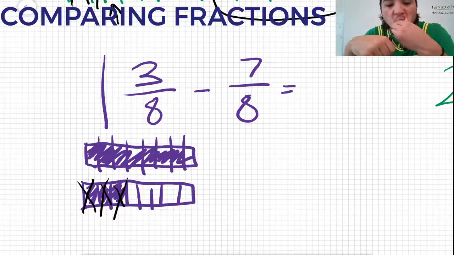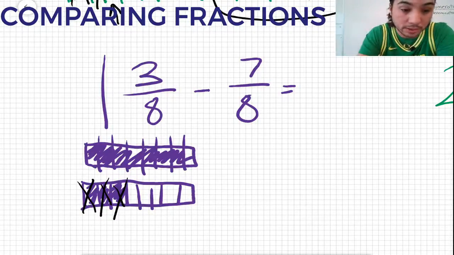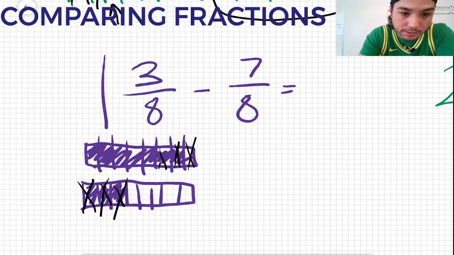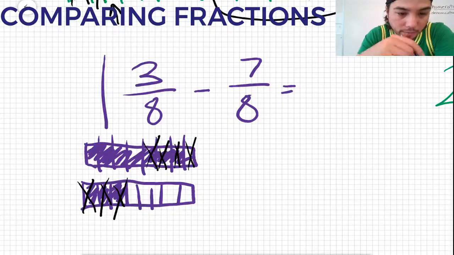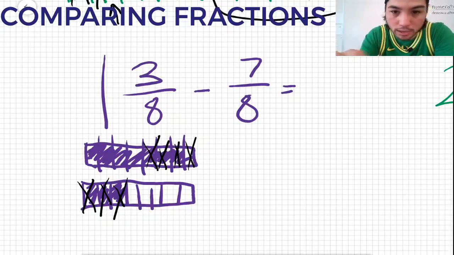Right? So then we can subtract the rest of our 7/8. We've already subtracted 3. So 4, 5, 6, 7. And let's see how many 8ths we have left. We have 1, 2, 3, 4/8.